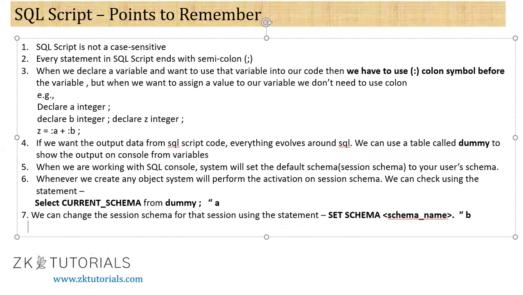In that case, we can access the objects of this B schema until and unless our SQL console is open. Until our SQL console is open, we can do this. Is this clear, guys?